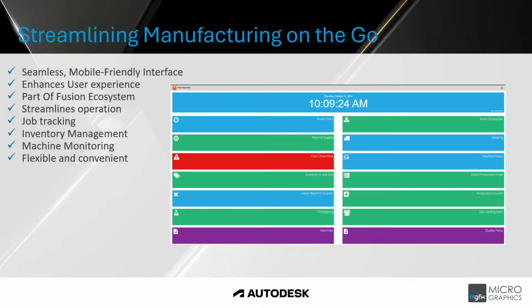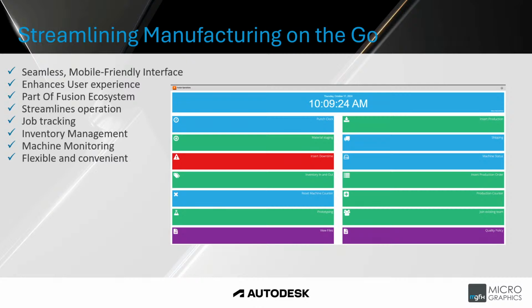Autodesk Fusion Operations, part of the Autodesk Fusion ecosystem, helps manufacturers streamline their operations. They offer features like job tracking, inventory management, and machine monitoring.